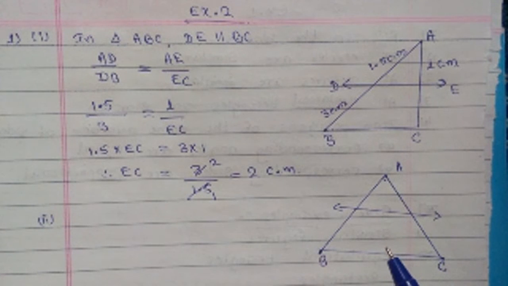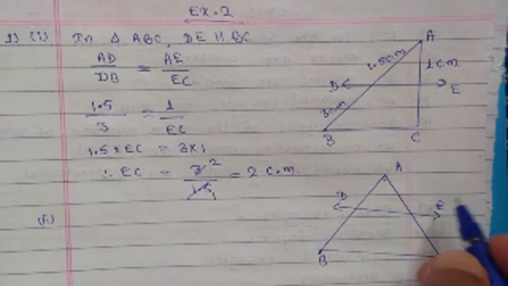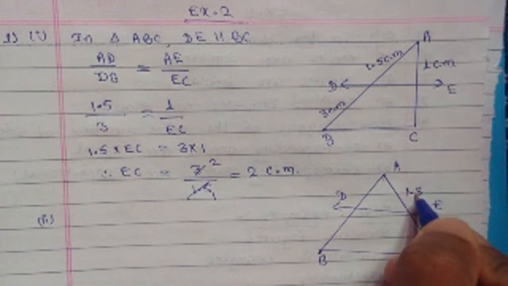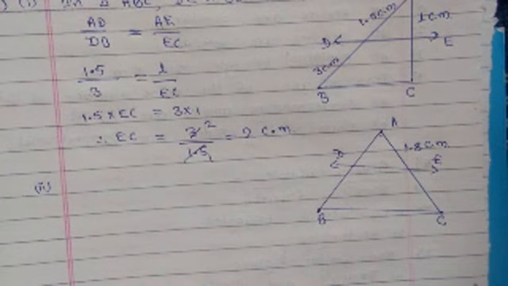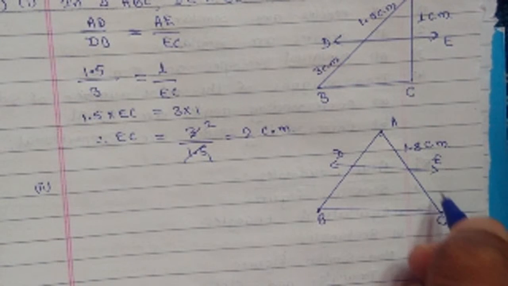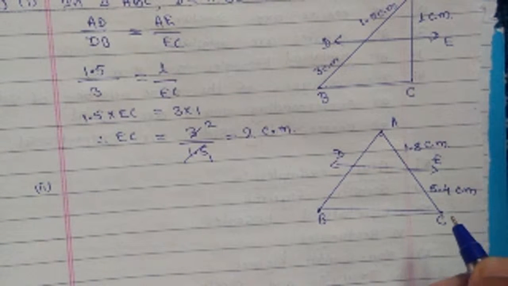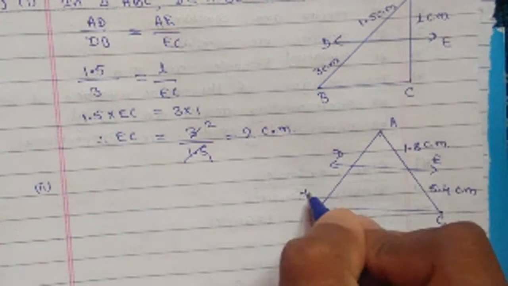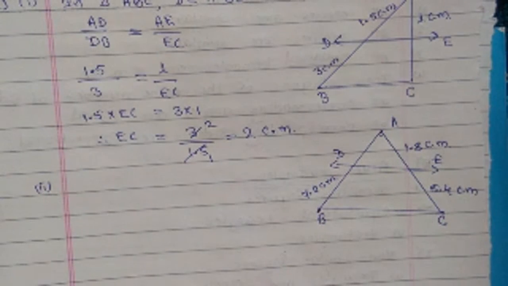The endpoints are D and E. The lengths given are 1.8 centimeter for AE, EC value 5.4 centimeter and BD value 7.2 centimeter, and AD is unknown. We have to find out the AD value.